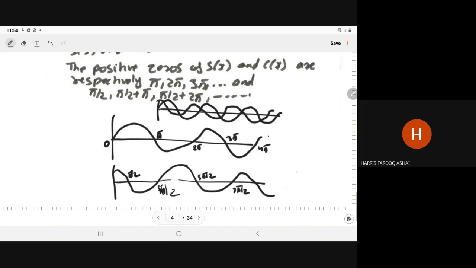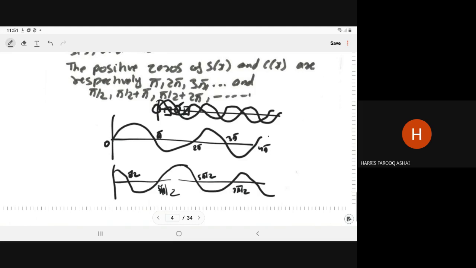What can you judge? Here we have a zero of s x, here we have zeros of cos x, and here again a zero of s x. What can you say about the zeros? They are occurring alternately.